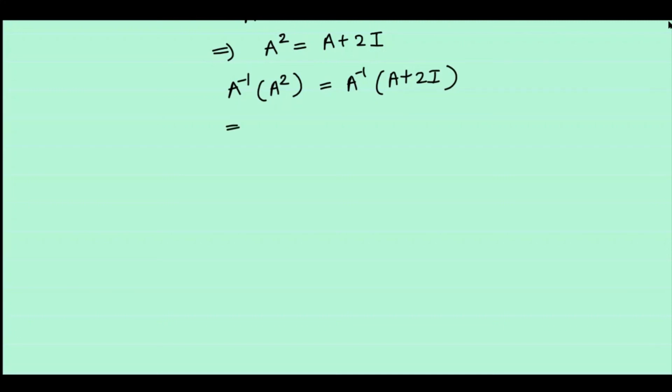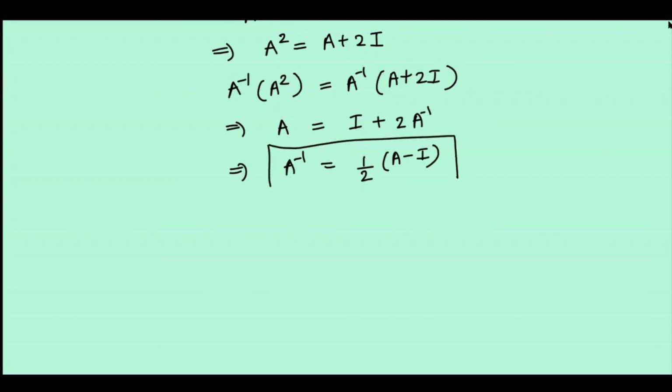So here we will get A equal to A inverse A, which gives you the identity matrix, plus 2 A inverse I, which will give you again A inverse. So this implies that A inverse is equal to half into (A minus I). So we got a relation for A inverse.